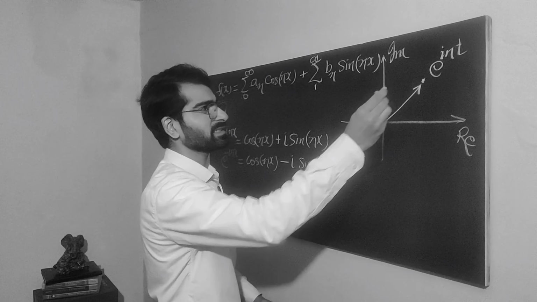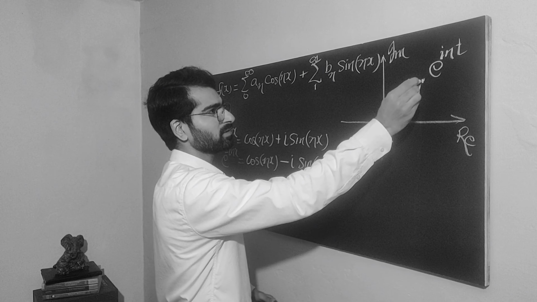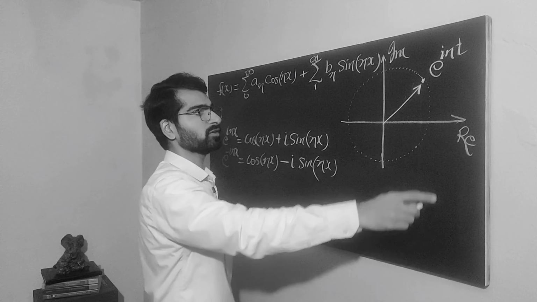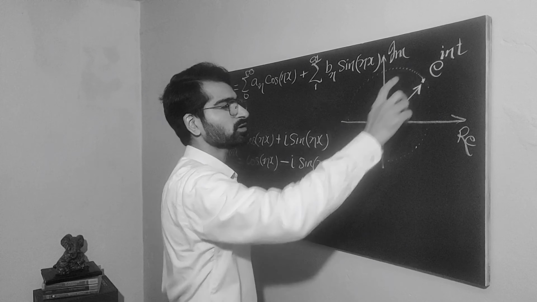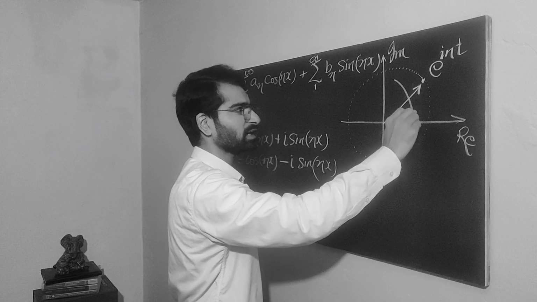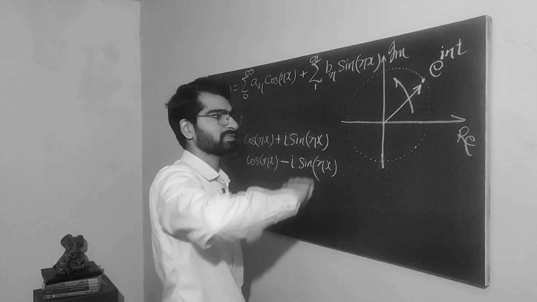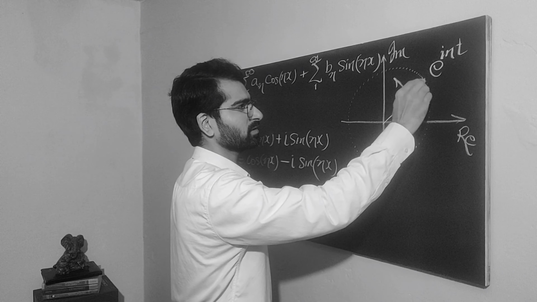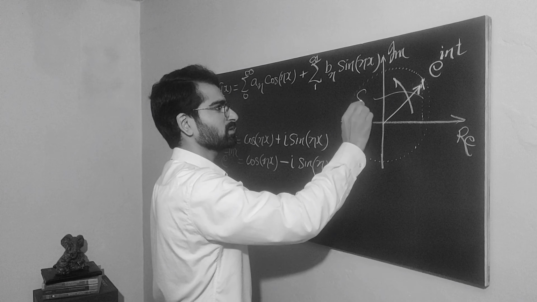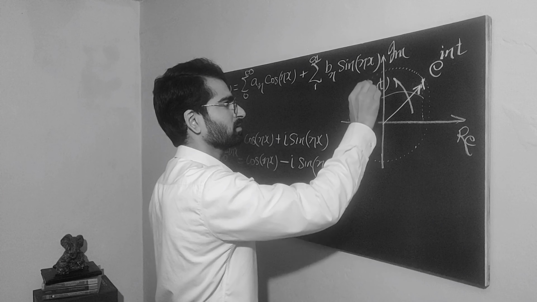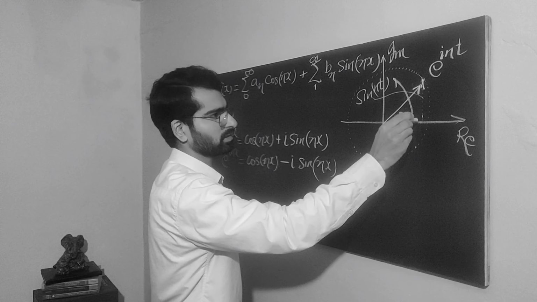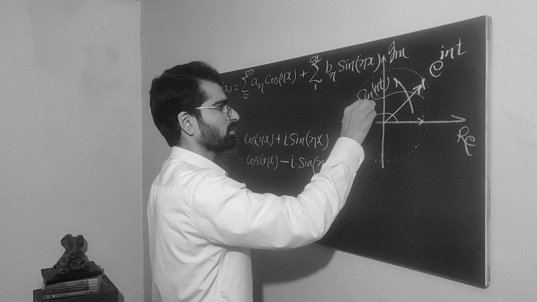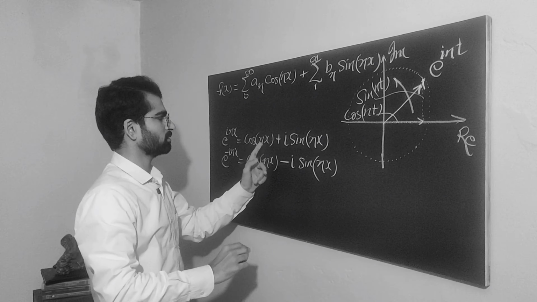And so as the time passes by, this vector is going to go around in the circle with the frequency positive n, positive frequency in this direction. It's going to rotate like this. And you might want to decompose this vector. This is going to be sine of n t, look here, and this is going to be cosine of n t.